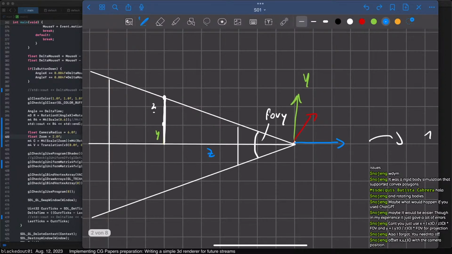And now you can see this is a right triangle. And this angle here is field of view, wait, this is field of view y half.